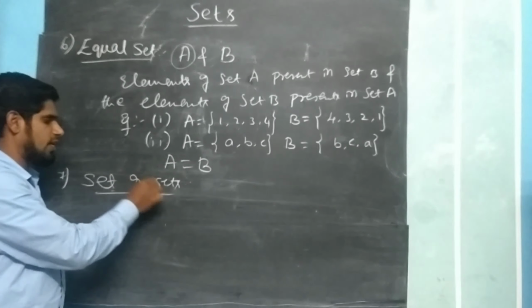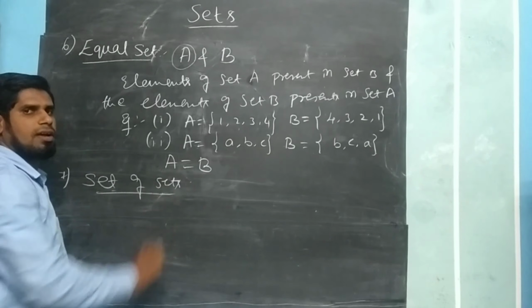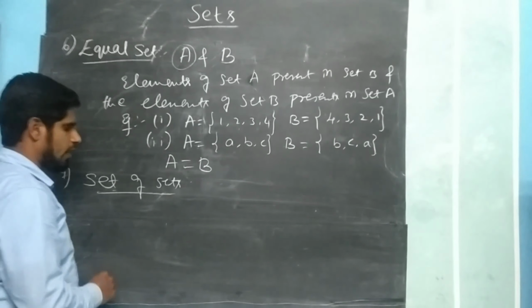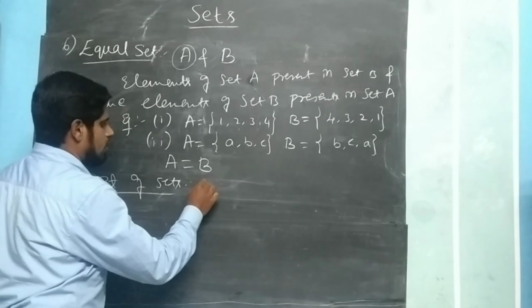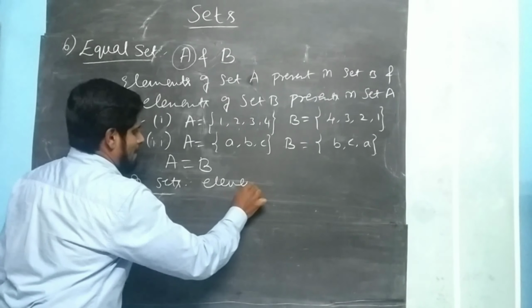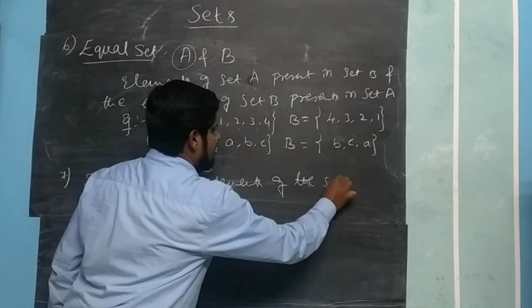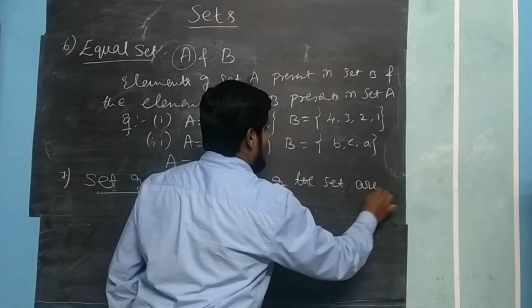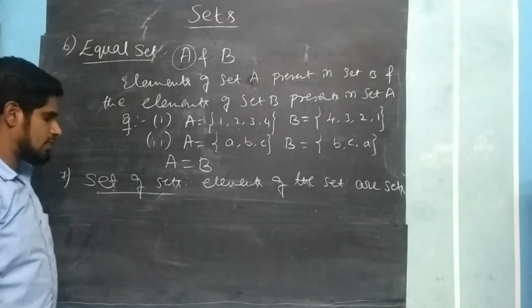If each and every element of the set is a set, then we can call that particular set a set of sets. The definition is: the elements of the set are sets. That is, all the elements of the set are sets.